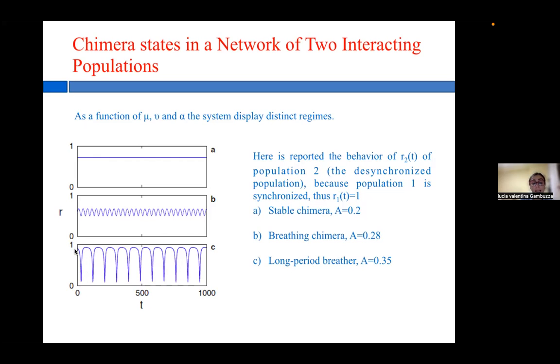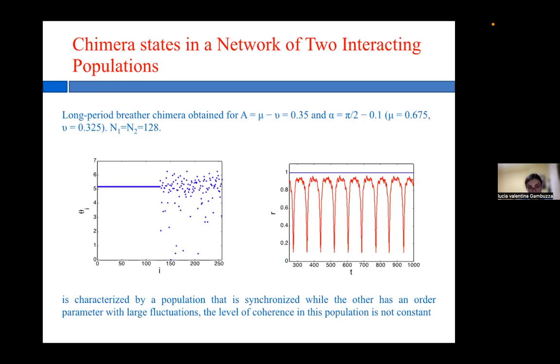So the units try to synchronize with each other, and then again the order parameter decreases and reaches a small value, which is the incoherent state, and so on. This, along with the behavior of the order parameter of the first population, which is totally synchronized, fixed to 1, represents the main characteristic of the concept of chimera state.